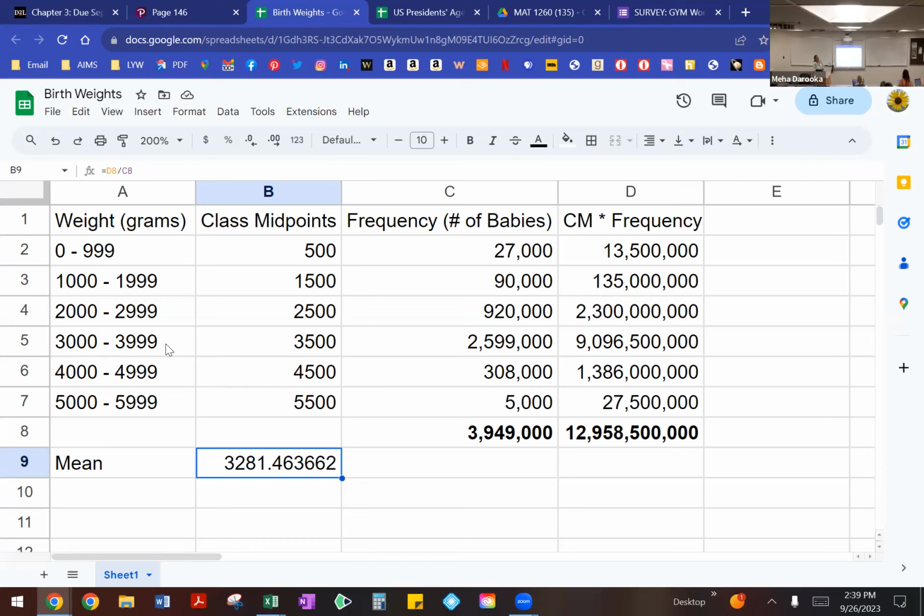I know 2.2 pounds makes a kilo. 0.0022 pound? And that's not significant, because 1,000 grams makes 1 kilo. It would be very small. All right, so we are saying on average, all the babies who were born in the year 2012 have an average weight of 3,281 grams.